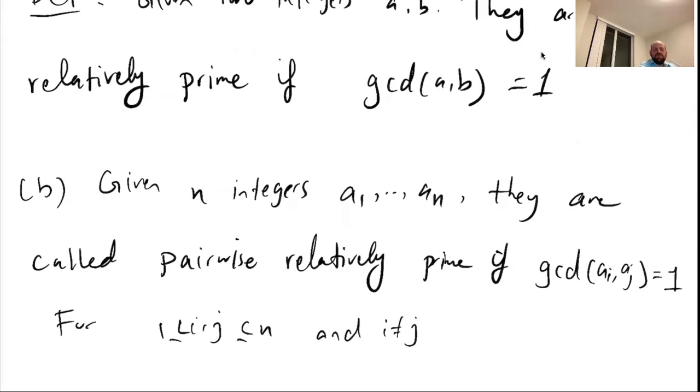So any two of them that you consider, any two distinct ones, their GCD has to be 1. In that case, we are going to call them pairwise relatively prime.